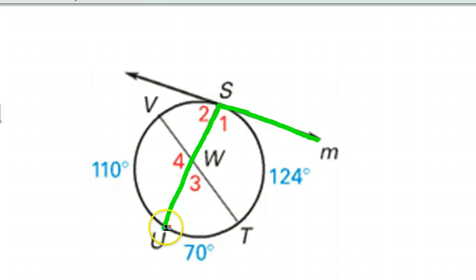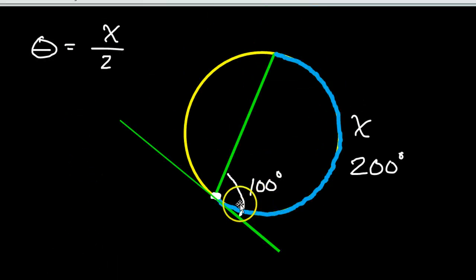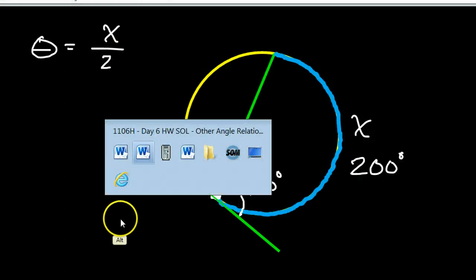This is the arc intercepted by angle 1. It's this whole thing that goes from here to here. Now, the relationship that I'm dealing with is this relationship right here. This is an inscribed angle. It's on the circle. So the angle should be half the arc. This is the situation that we're dealing with.